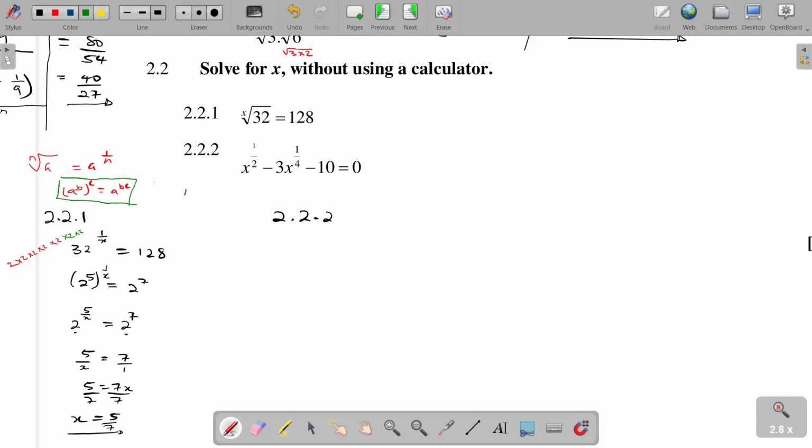Our half can be written as quarter times 2. So this equation can be written as x to the power quarter squared, which gives us x to the power half, minus 3x to the power quarter, minus 10 equal to 0.